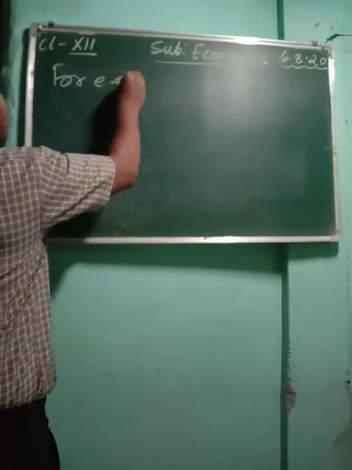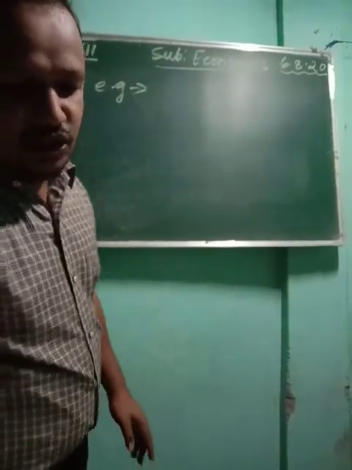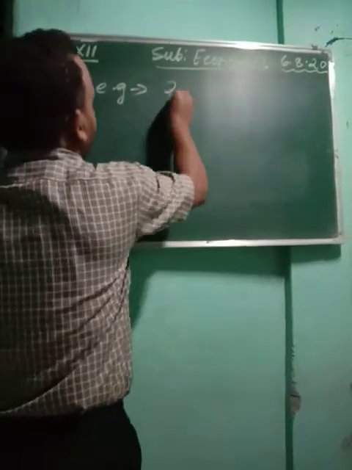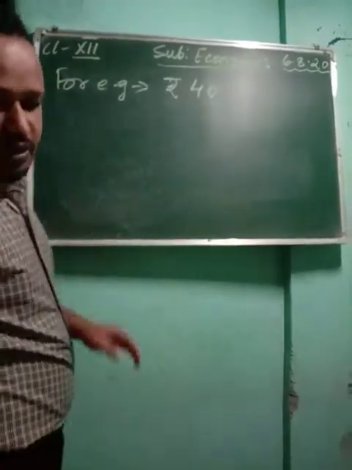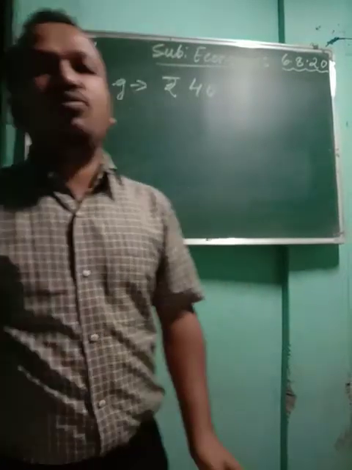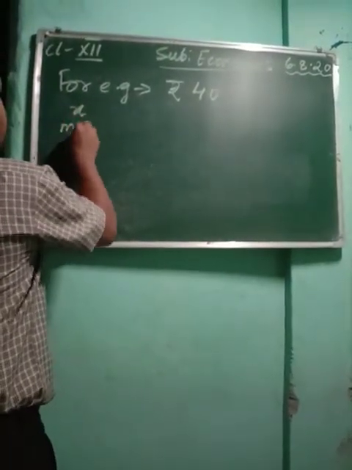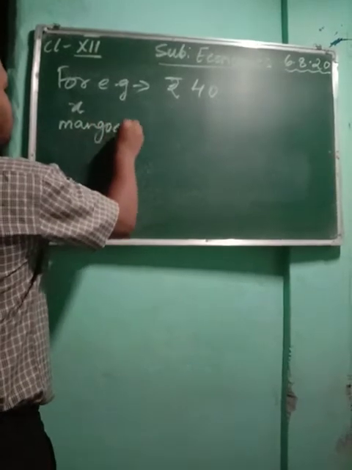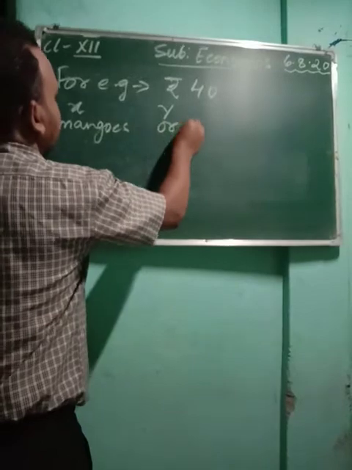For example, let the consumer want to spend his income of rupees 40. His income is rupees 40. Now he wants to spend on X and Y. Suppose X is your mango and Y is your oranges.